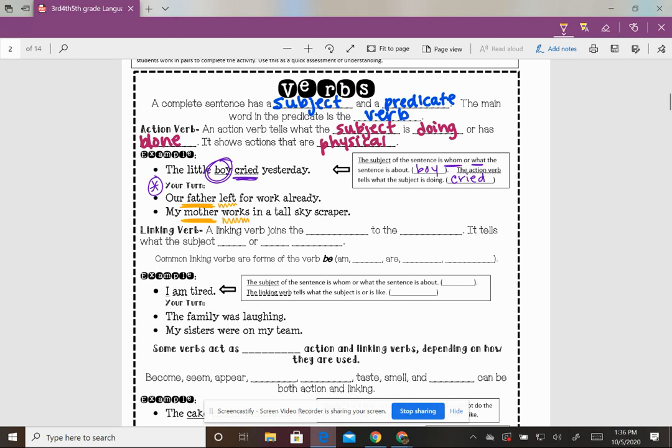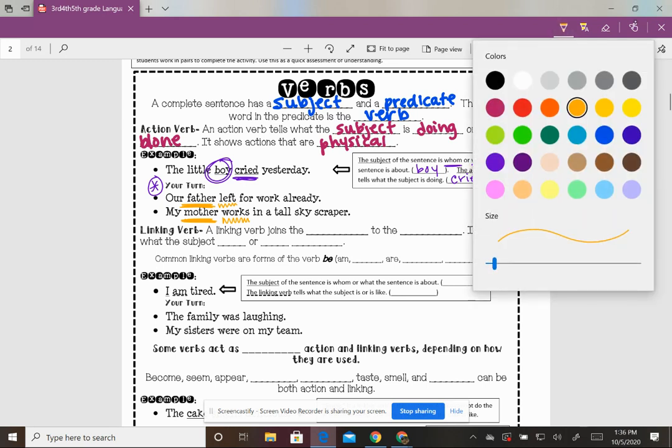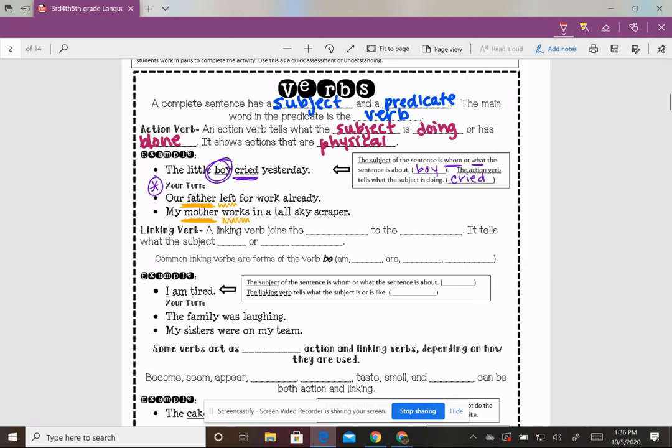Now we've talked about action verbs, things that characters are doing, but we also have things called linking verbs. These are the kinds of verbs that join the subject to the predicate. It usually tells what the subject is or what it is like. Now, this might sound a little more familiar when I give you some examples.